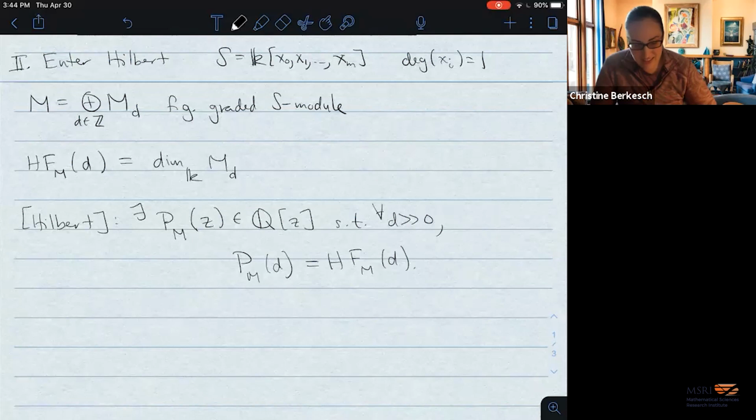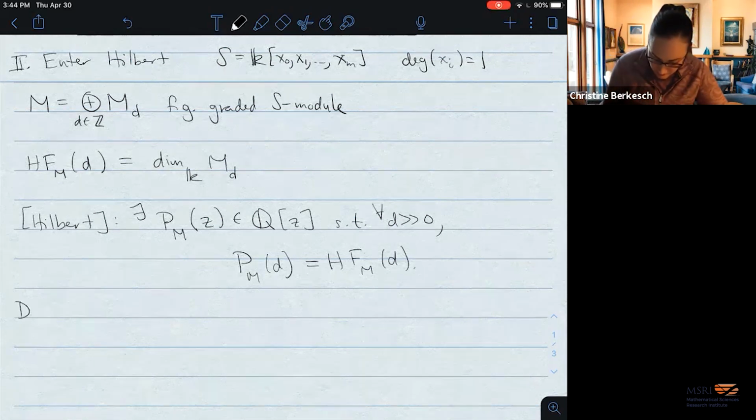And so to get this theorem, Hilbert went back and used some homological algebra to actually prove this result. So let's just recall what a free resolution is.